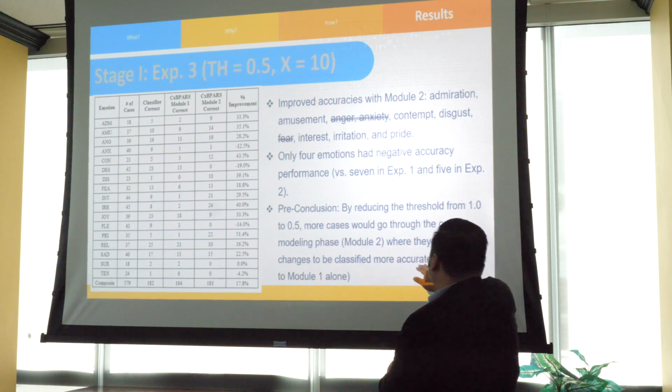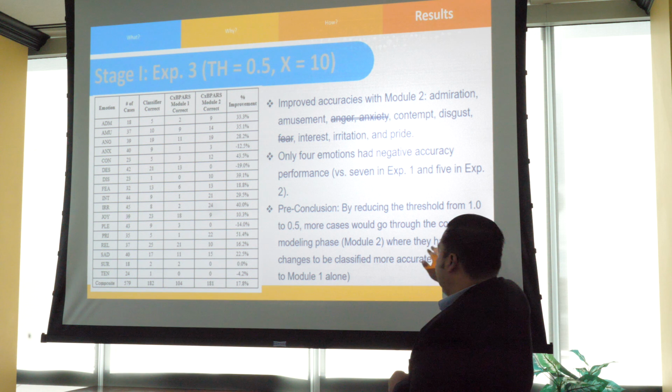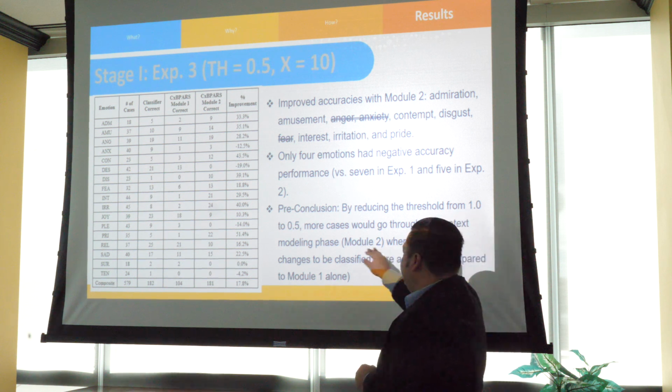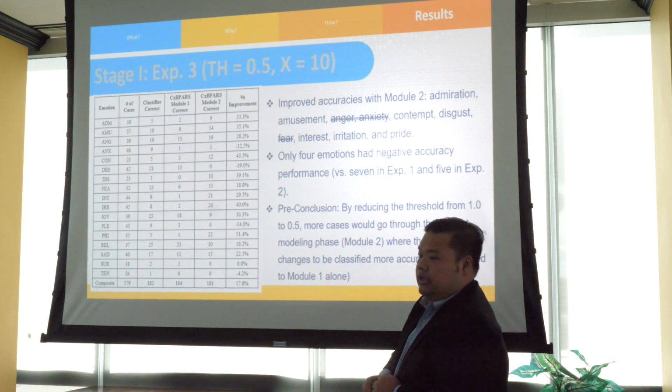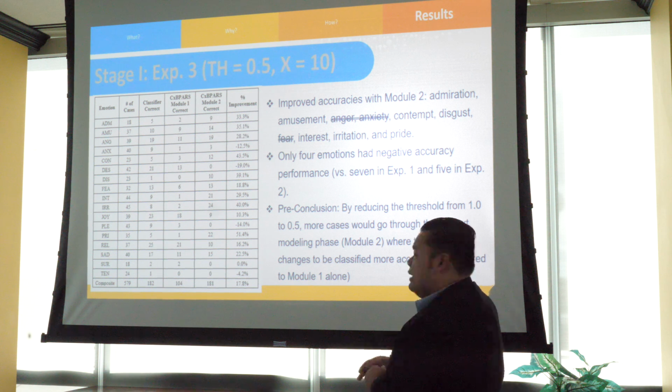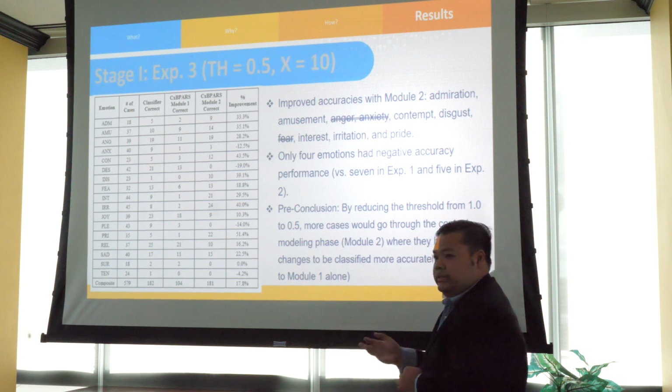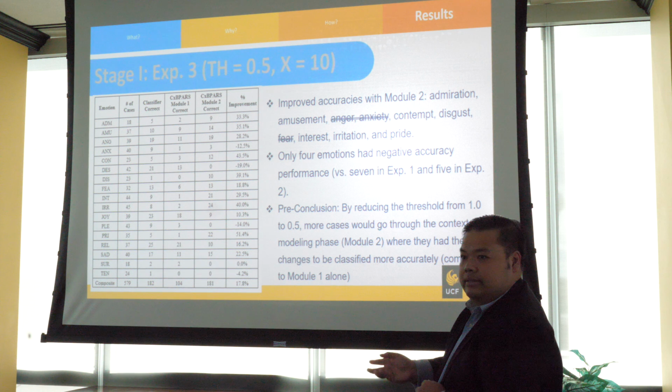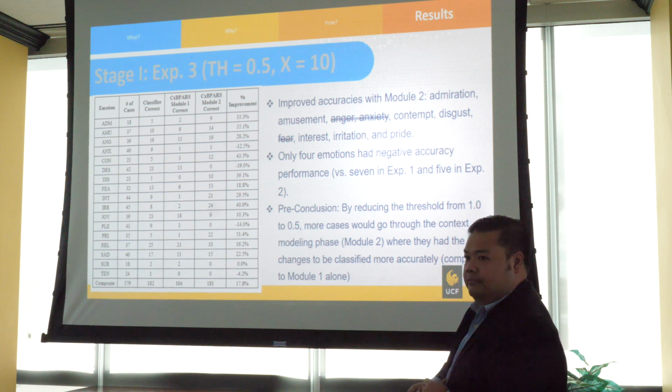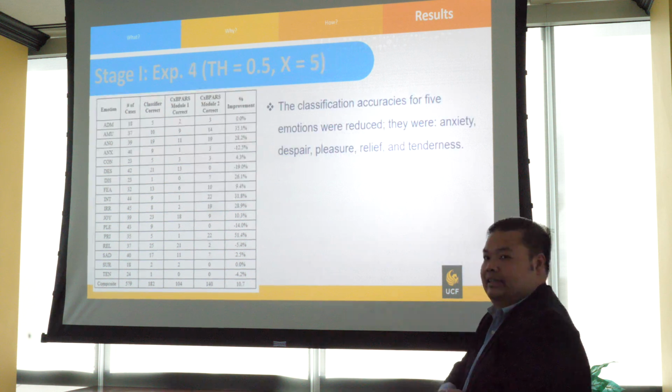From here, we saw that by reducing the threshold from 1.0 to 0.5, more cases could go to model number 2. In some cases, it could give a good result; in some cases, it could give a bad result. Any questions so far? No? Okay. Next.